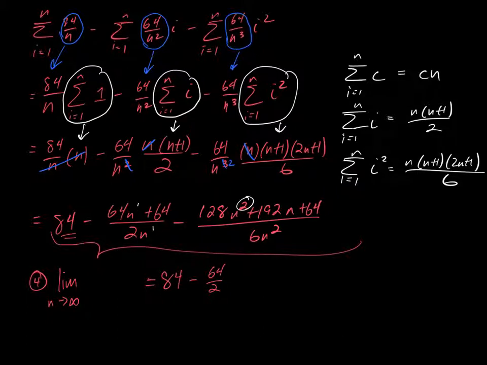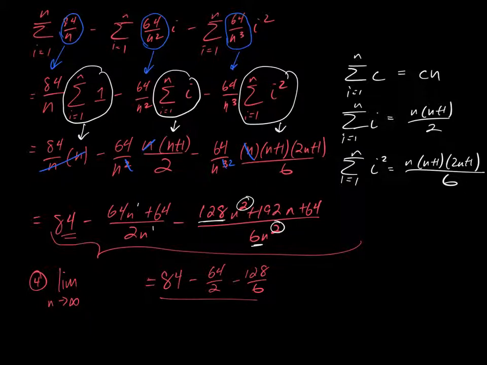We have the same degree top and bottom, so we can just assume as n goes to infinity that this fraction, or this rational expression, has a limit of 128 over 6. Minus 128 over 6.